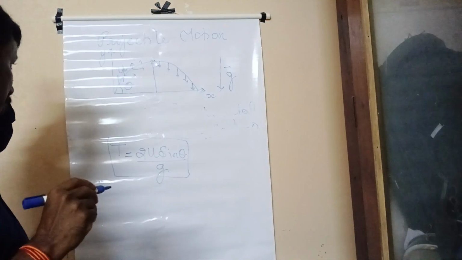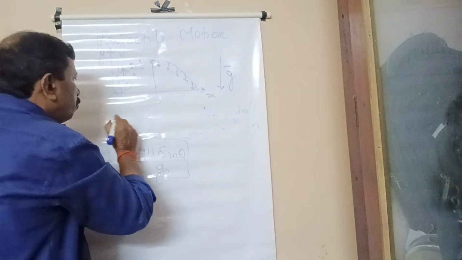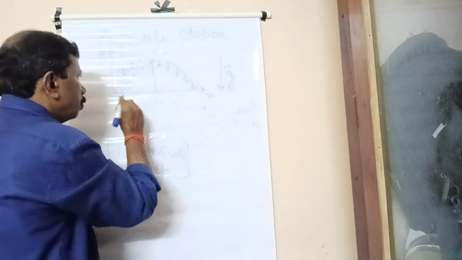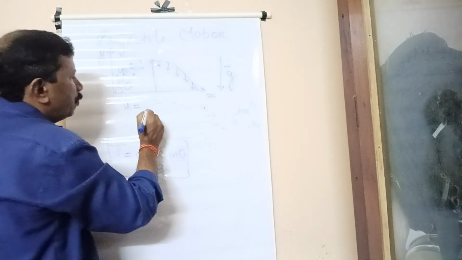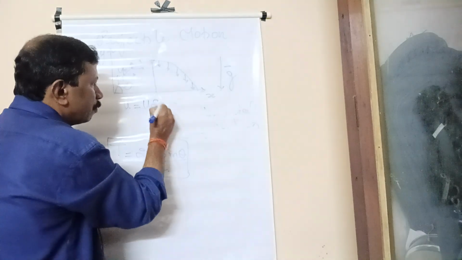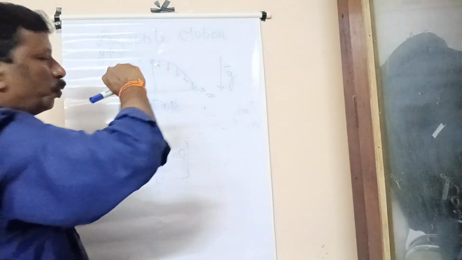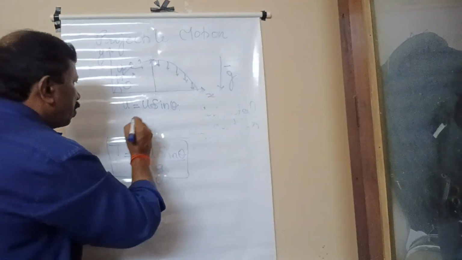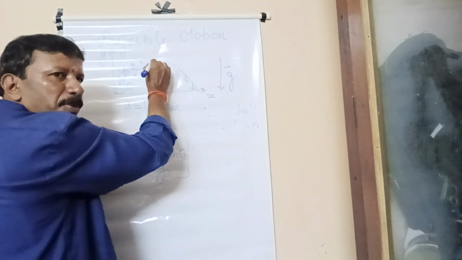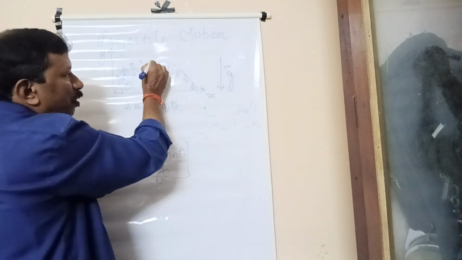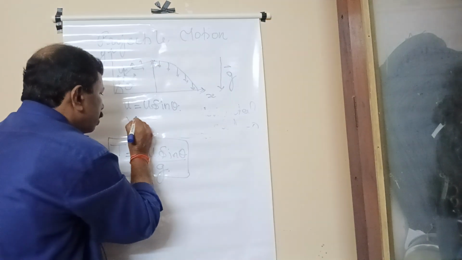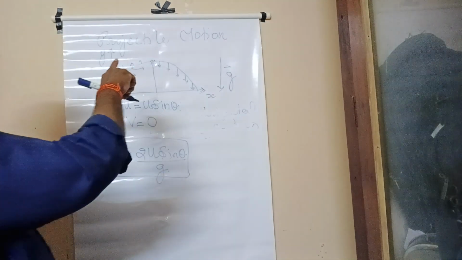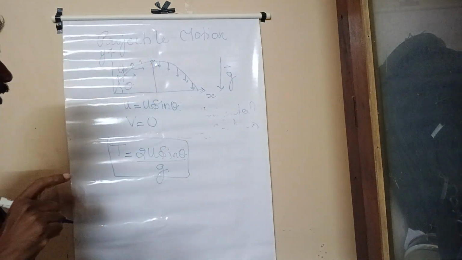At the starting point, the initial vertical velocity is u sin theta. At maximum height, the velocity is equal to 0, as u sin theta decreases and reaches 0.